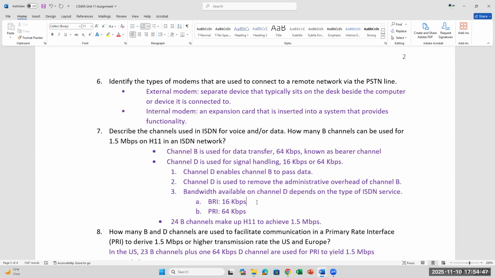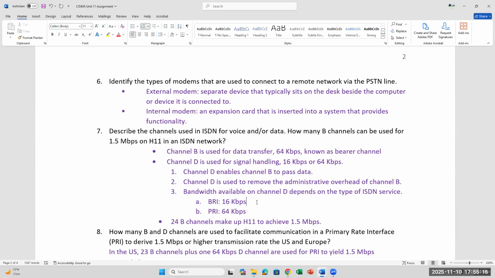So the 24 B channels are for data. They make up what they call H1 to achieve 1.5 megabit per second. And I experienced this. 1.5 was fast for its time, right? Because most residential users would get double 64 at the most, even with a modem, even with DSL back in the day.